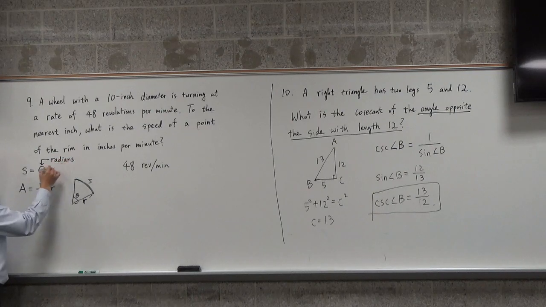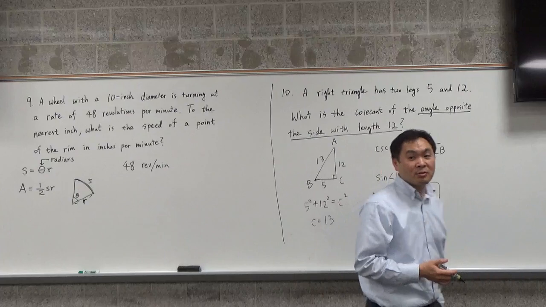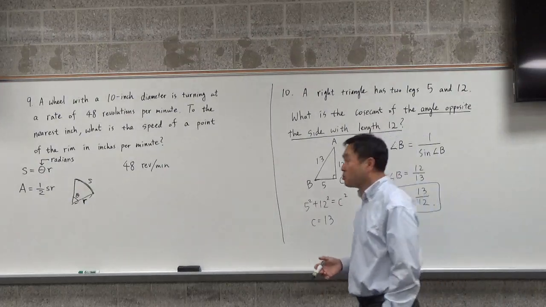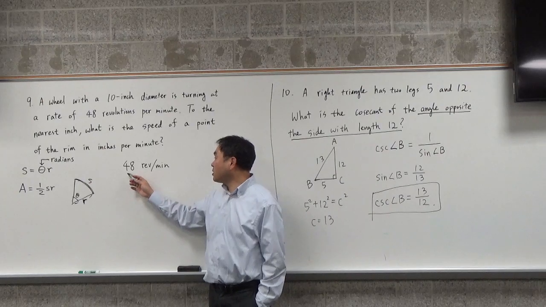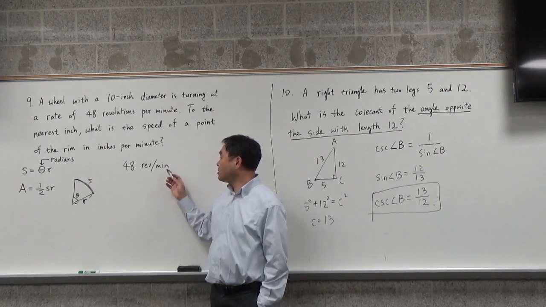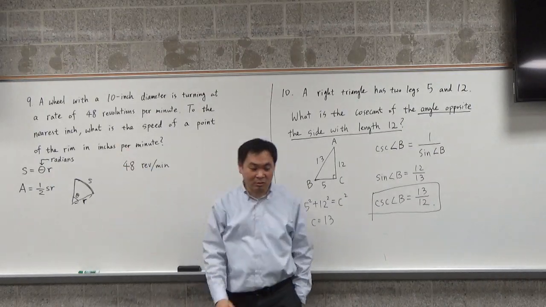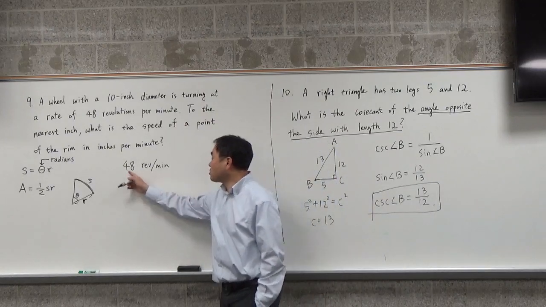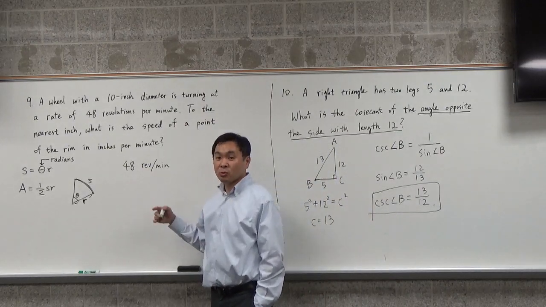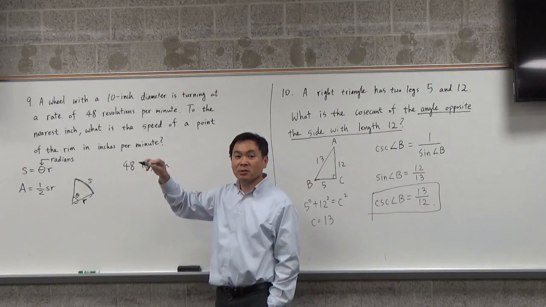If you use any other angle, if you use degrees, it fails. Okay, you have to make sure that you're using radians. So when you convert this to get the conclusion as the linear speed in inches per minute, you have to first convert the revolutions into radians. Okay, so what is one full revolution in radians?